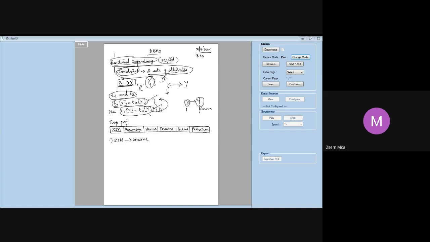What do you understand from this? The value of the employee's SSN will uniquely determine the name of the employee. That means if I get to know the SSN, I can immediately find out the name of that particular employee.